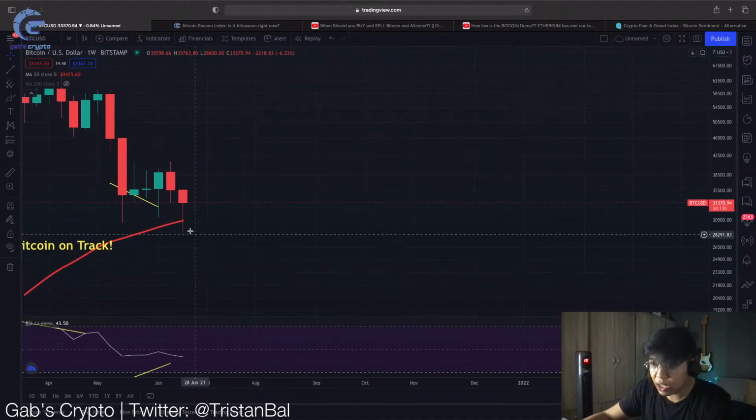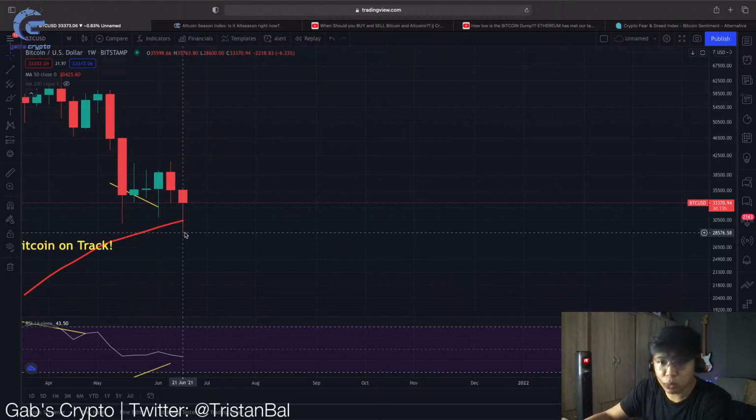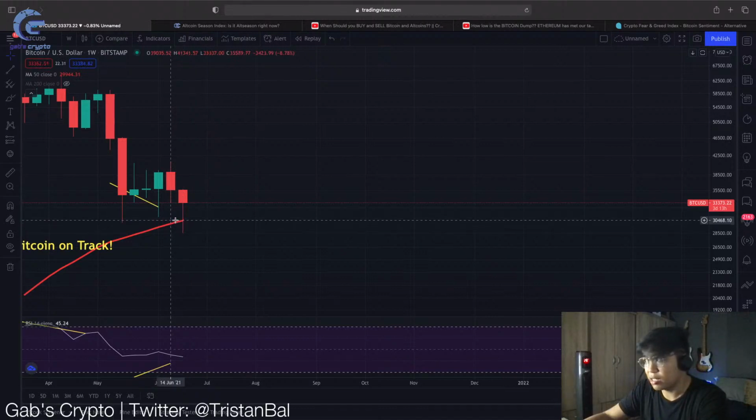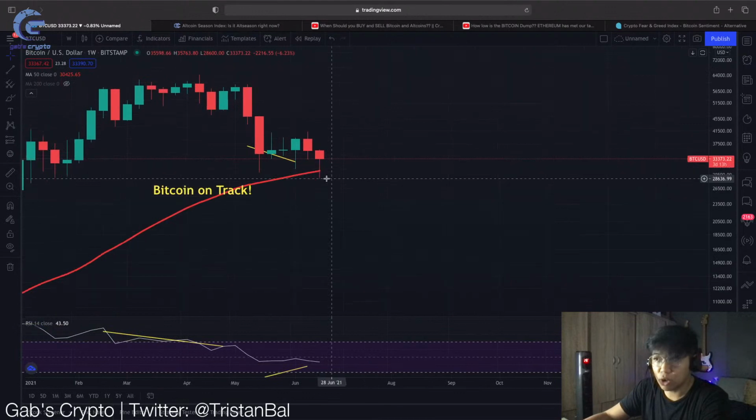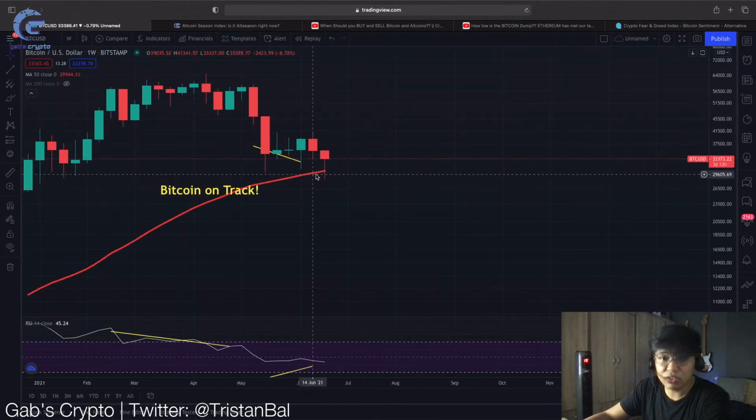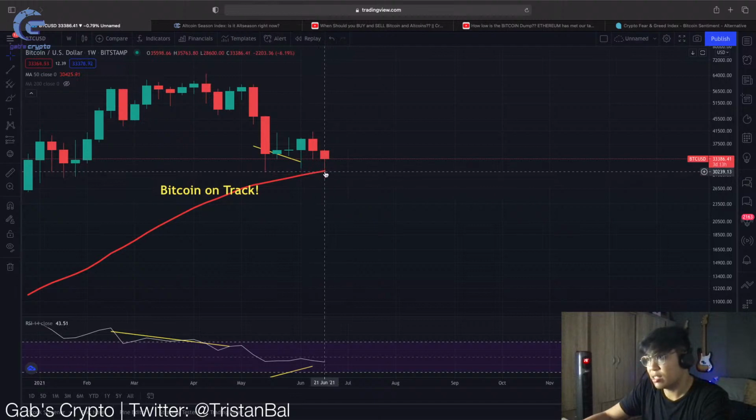Of course, we could get candle wicks going below, maybe around 28K, 27K. But those will just be wicks, meaning we only test below this level. But personally, I think the floor price would follow this 50-week moving average. That's where I'd say this red line is our floor price.